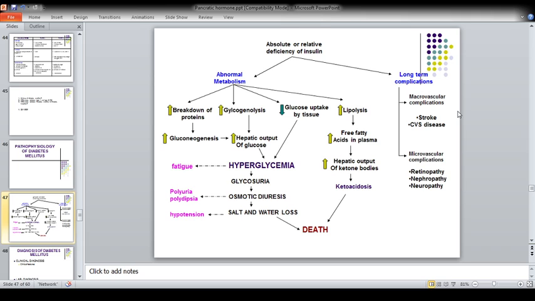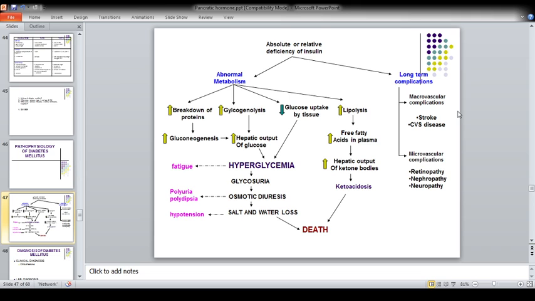Hyperglycemia, that is increased glucose levels in blood, would lead to fatigue, that is the patient would feel weakened, would feel pains in his whole body, in the muscles, etc.